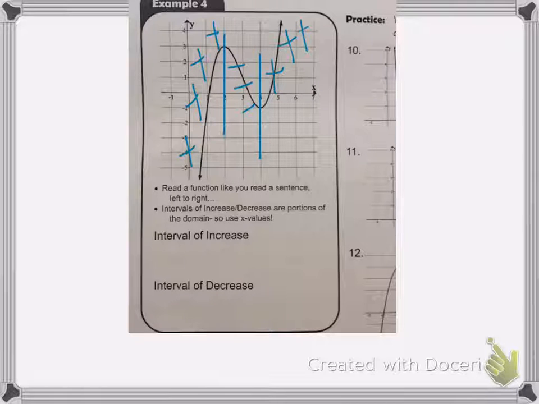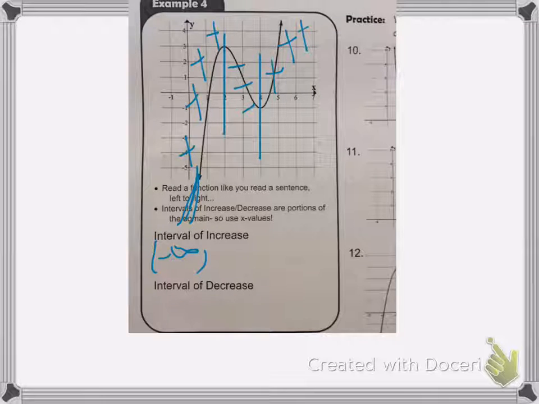So when we're writing our intervals of increase and our intervals of decrease, we're literally looking at the positive and negative slope, and we're going to write our interval where that happens. So notice the increase, we have 2 parts where our graph increases. It's going to start clear over at -infinity because this graph right here is going to keep going this direction.